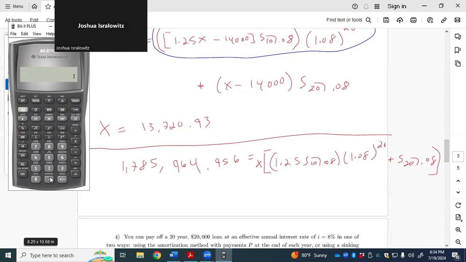It's getting annoying. There we go. Okay, times 1.08 to the 20th. Store it in the 2 spot.